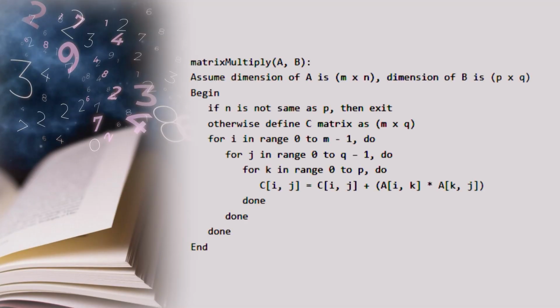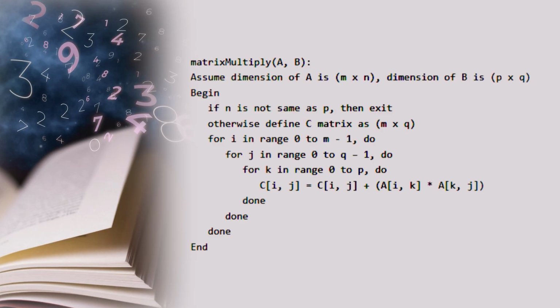What are the general steps, the algorithm behind matrix multiplication? Assume the dimension of A is m cross n and the dimension of B is p cross q, and we already discussed that matrix multiplication happens only when n equals p. If n is not equal to p, then matrix multiplication doesn't exist.